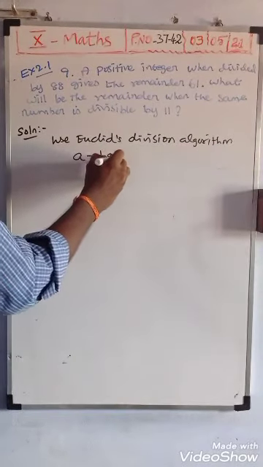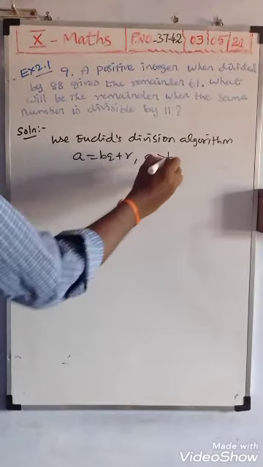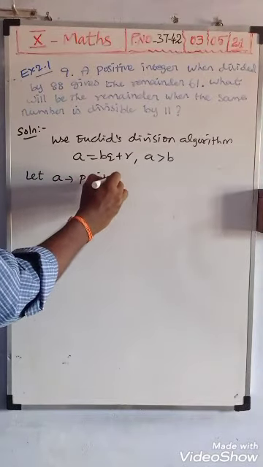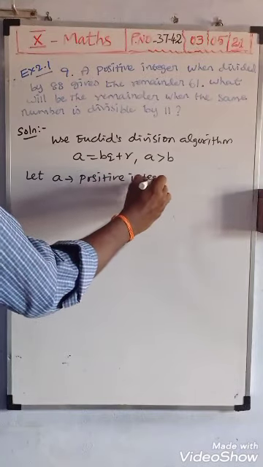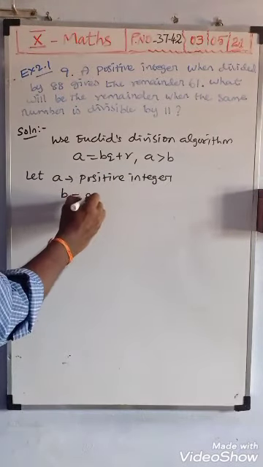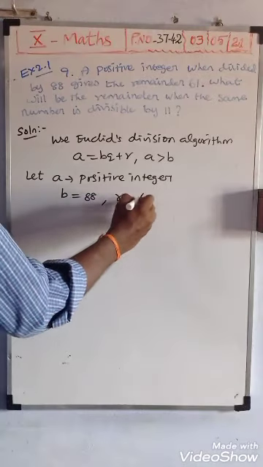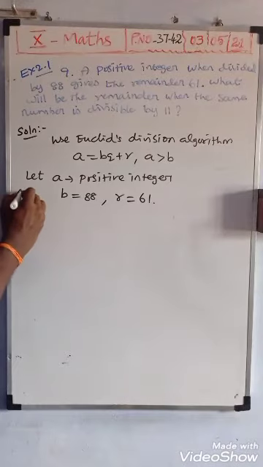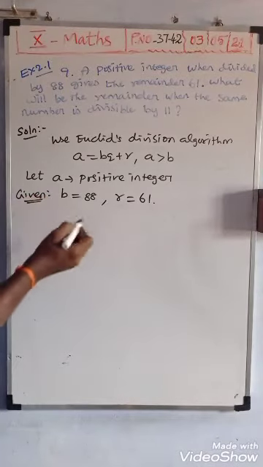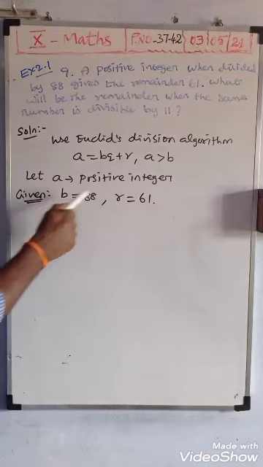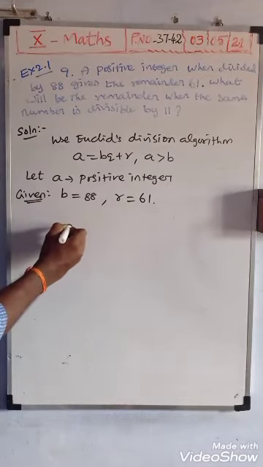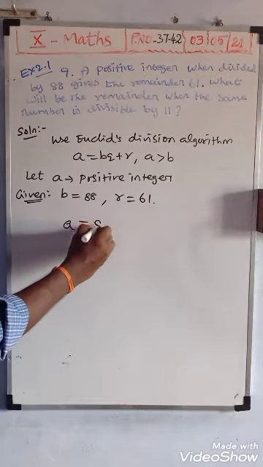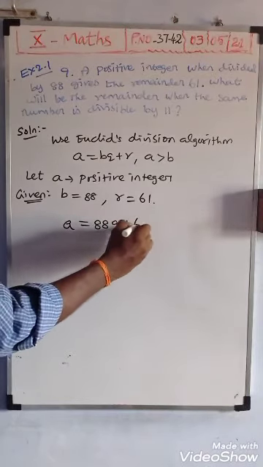A is equal to BQ plus R, A is greater than B. So let A be a positive integer, B is equal to 88 and R is equal to 61, the remainder. Okay, it is given. What is given? The divisor and remainder are given. So in this format you should write, and you will get A is equal to 88Q plus 61.